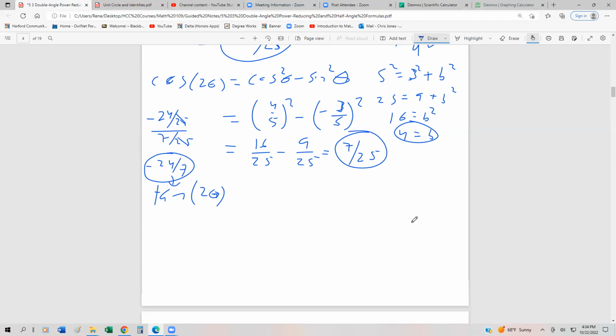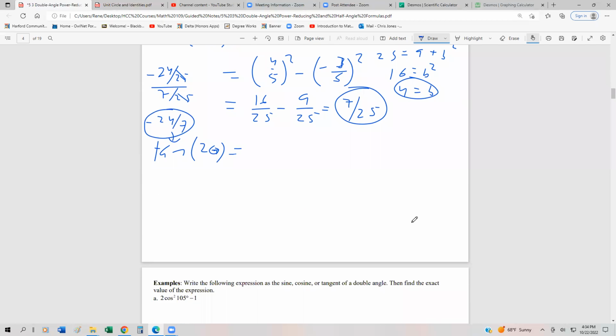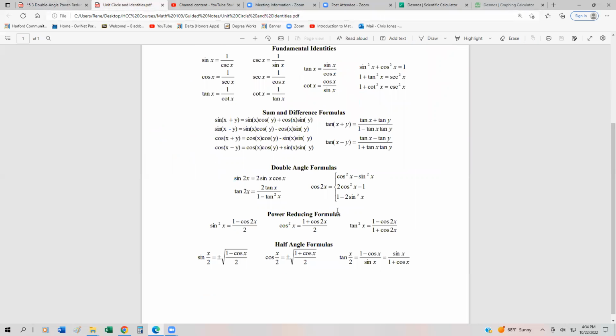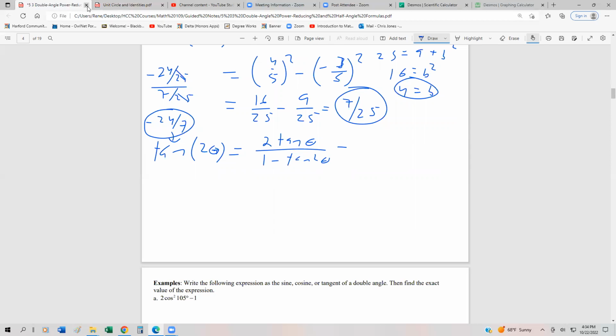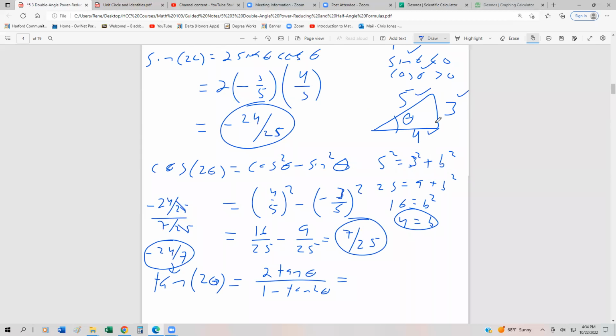But let's check this. So remember, tangent of 2 theta is going to be equal to 2 tangent of theta divided by 1 minus tan squared of theta. So that's our general formula, given to us right here in our tangent formula. So 2 tan x over 1 minus tan squared. We know that the tangent is going to be opposite over adjacent, and that's going to be 3/4.